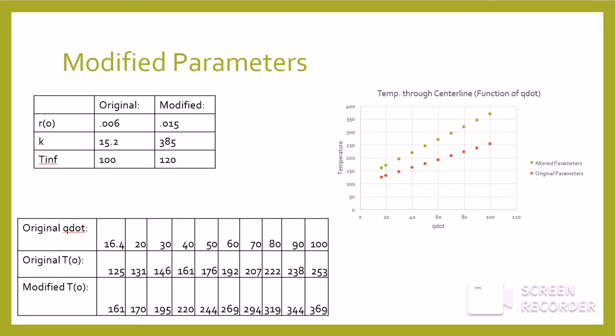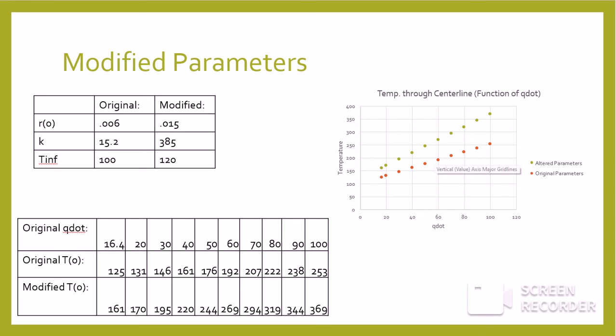are the altered parameters. As you can see with T infinity starting out higher, that's what bumped up the initial temperature there.